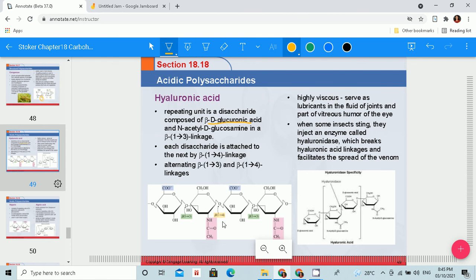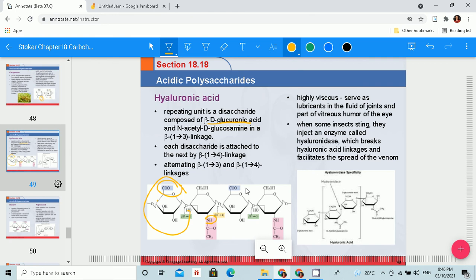Okay, so we have this one. We have N-acetyl. Sorry, this is not sulfuric. This is just our simple N-acetyl glucosamine. So hyaluronic acid is formed from a beta-D-glucuronic acid, and this one is just an acid.